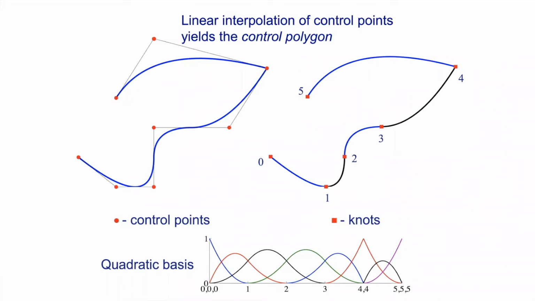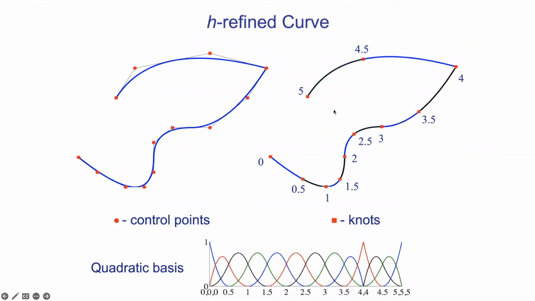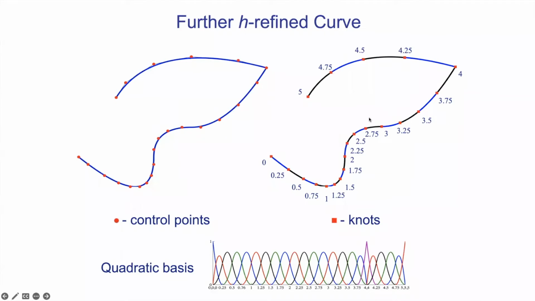And you can refine the mesh if you like for analysis, but you refine the mesh without changing the geometry. The refinement is embedded in the geometry, unlike classical finite element analysis. So what we've done is we've just inserted knots at all the midpoints here, and we have a finer mesh, more basis functions on exactly the same geometry. And you can do it to your heart's content, as you see here.